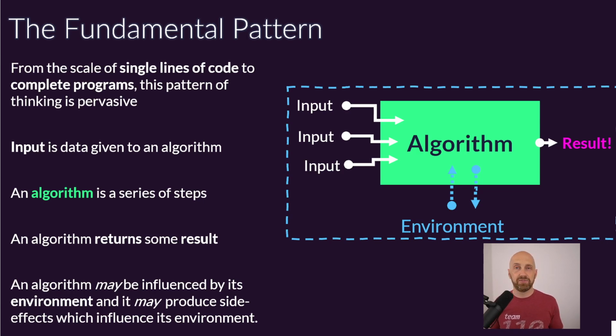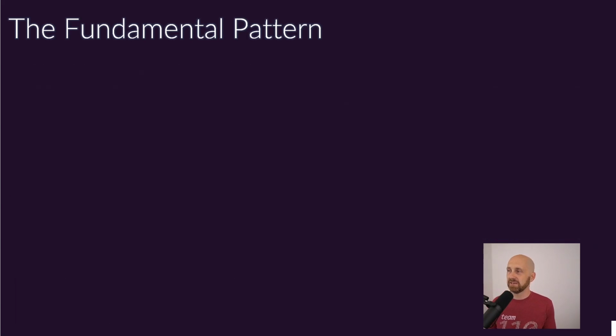And what gets to be fun as programmers is soon your results will start feeding into being inputs of other algorithms. You can start building larger and larger structures and programs by combining these algorithms together and using results as inputs in different contexts.